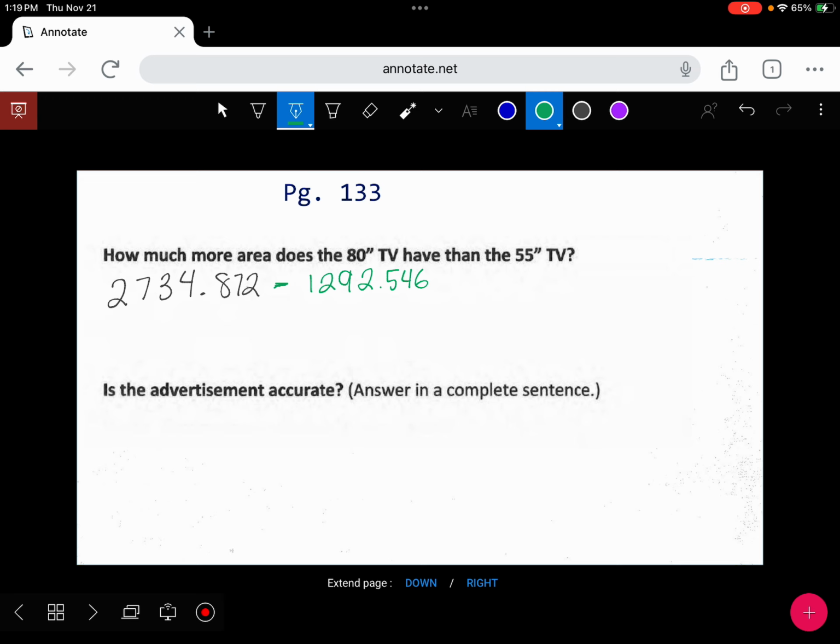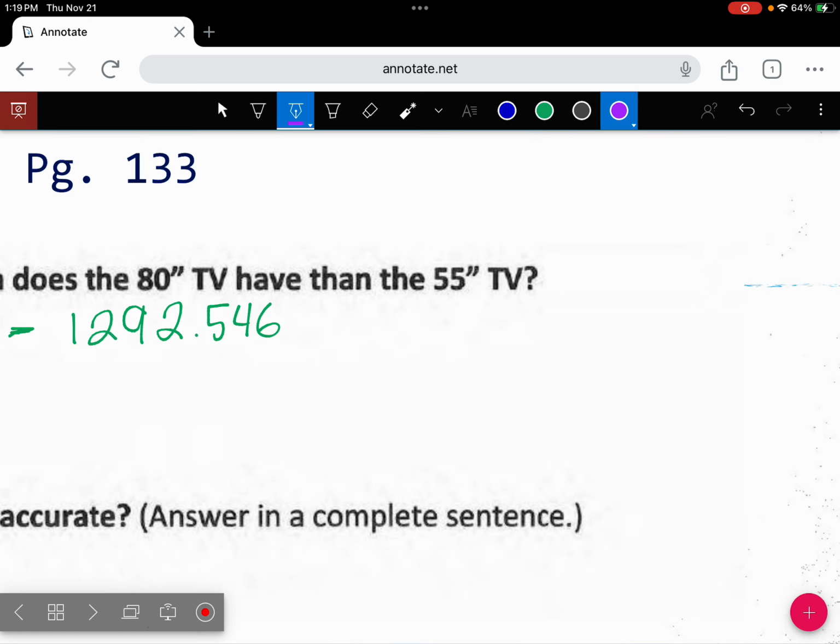You said subtract. So what is the difference between those two? Give me before the decimal place.